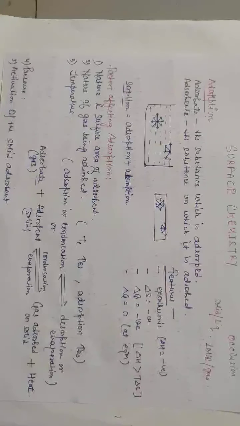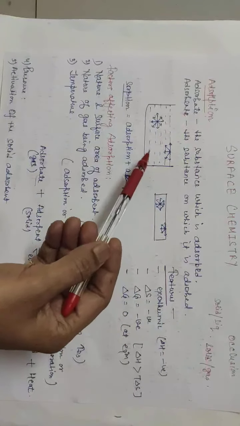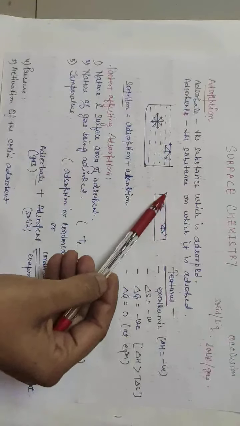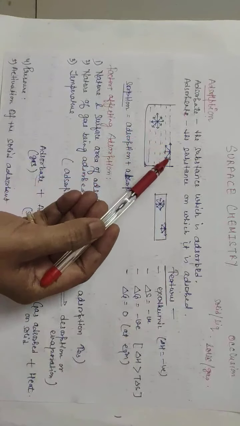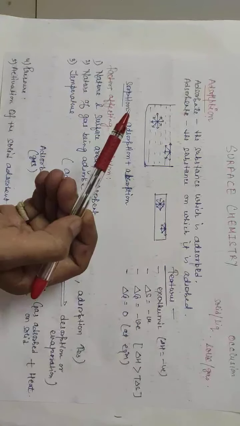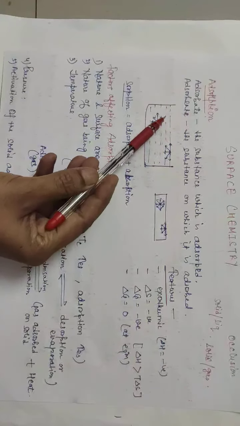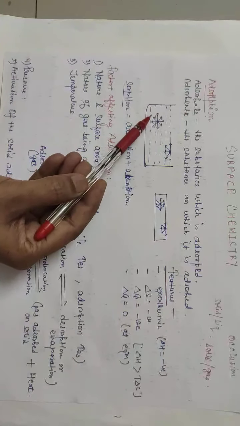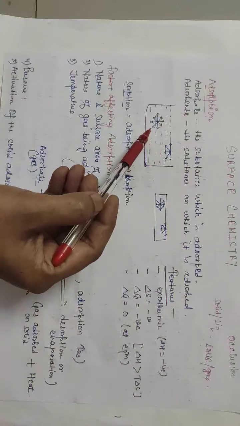Now let us see the mechanism of adsorption. Suppose, consider this is a liquid and this is a solid object. The situation existing on the surface of a liquid or a solid is different from that of the interior. For example, a molecule in the interior of the liquid is completely surrounded by other molecules from all sides. Hence, the intermolecular forces of attraction are exerted equally in all directions.